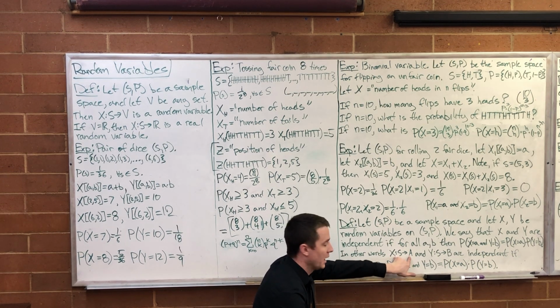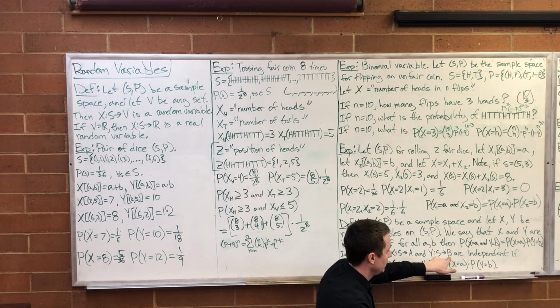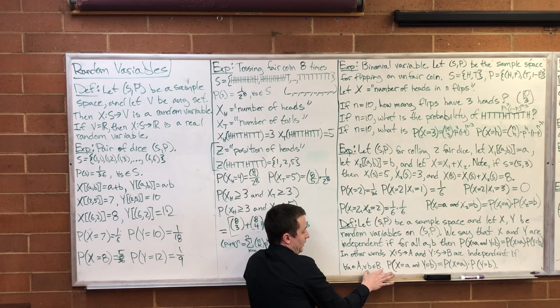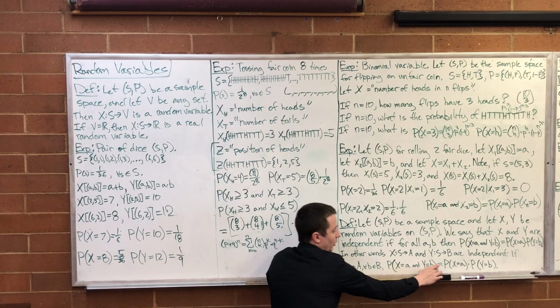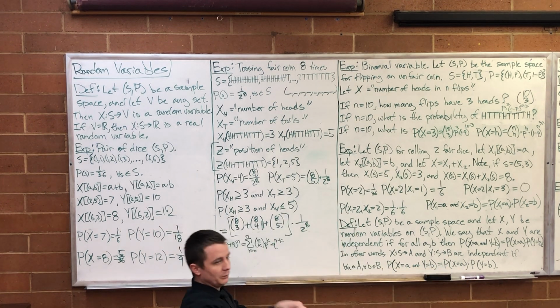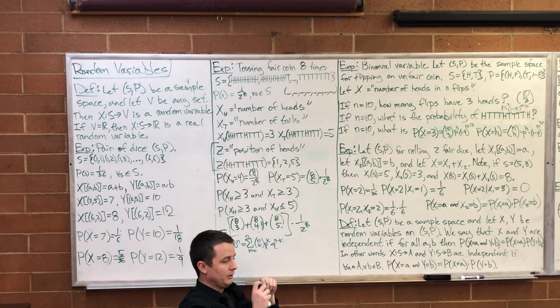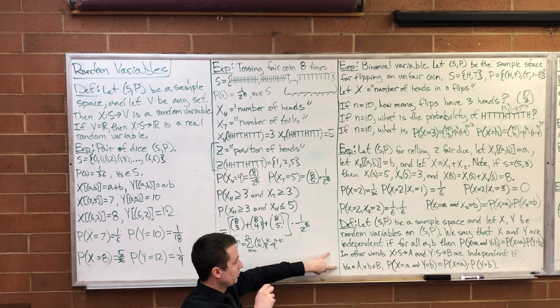If x is a random variable from S to some set big A, and y is a random variable from S to some set big B, then they are independent if, for every little a in big A and every little b in big B, the probability of x being a and y being b is equal to the product of those probabilities. This is the way I like to think about it, but that's exactly what we did up here. This just makes very explicit where the numbers come from.